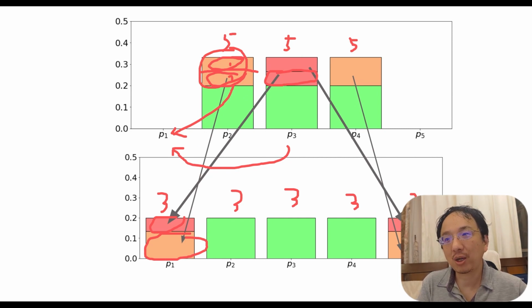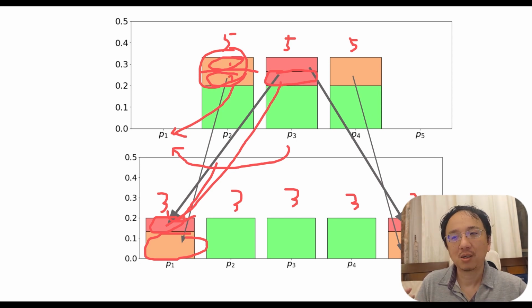And for the red part here, although we only have 1 box, we move it from 3 to 1, so the distance is 2. So the cost is still 2. So right now we already have the cost of 4.